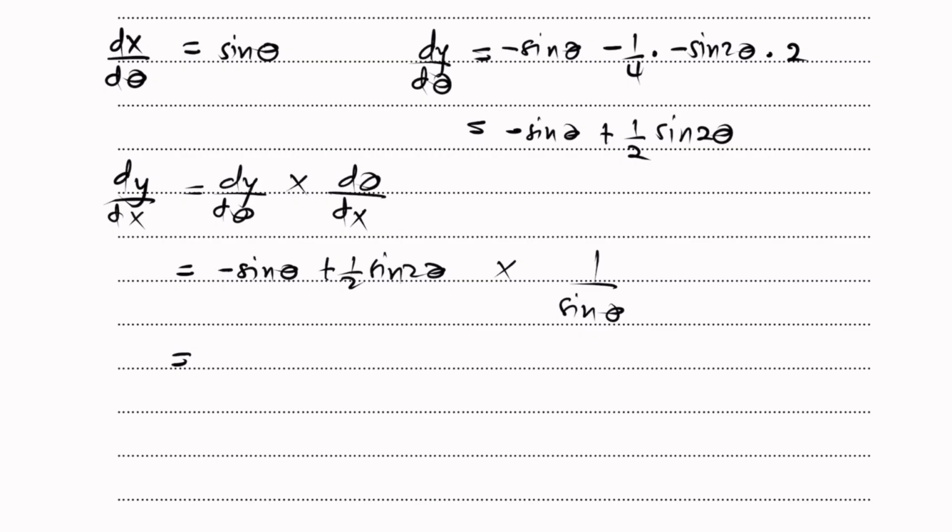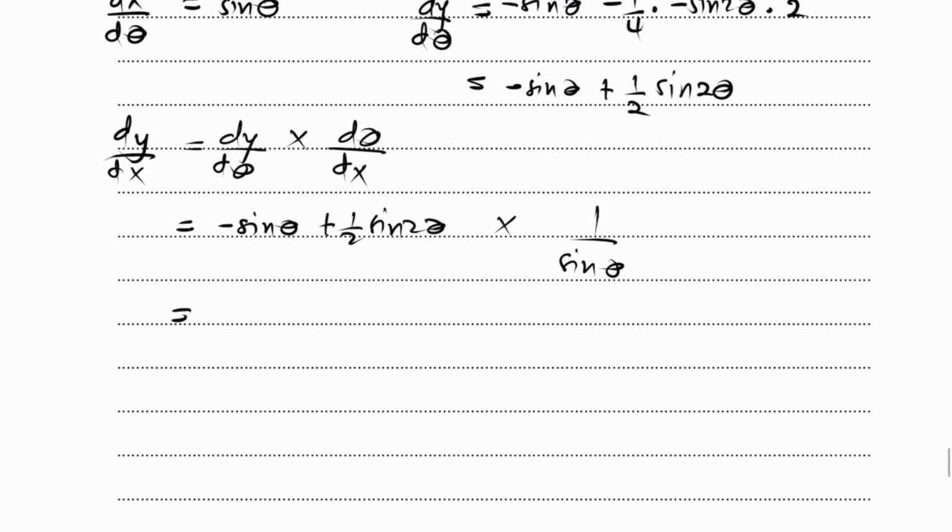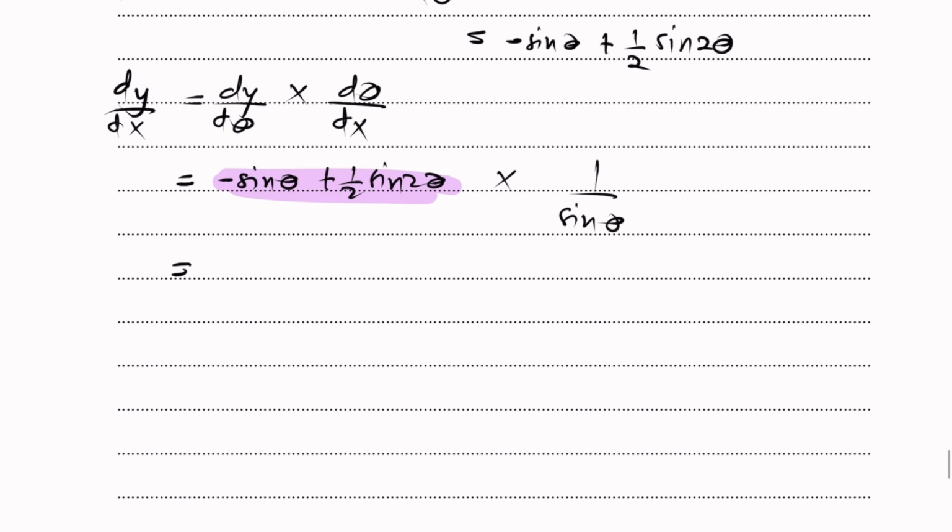So what can we do? Maybe we should start by simplifying, because this is a fraction that we can deal with. So I'm going to have negative sine θ plus half of sine 2θ, which from your MF19 should be 2 sine θ cos θ, right?